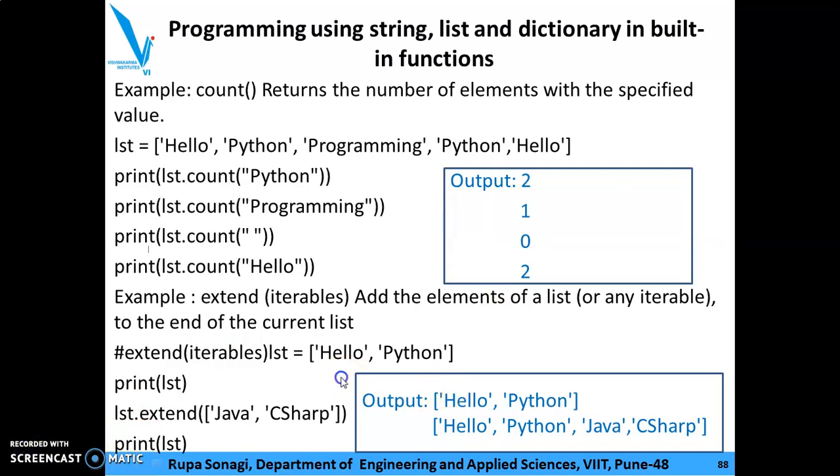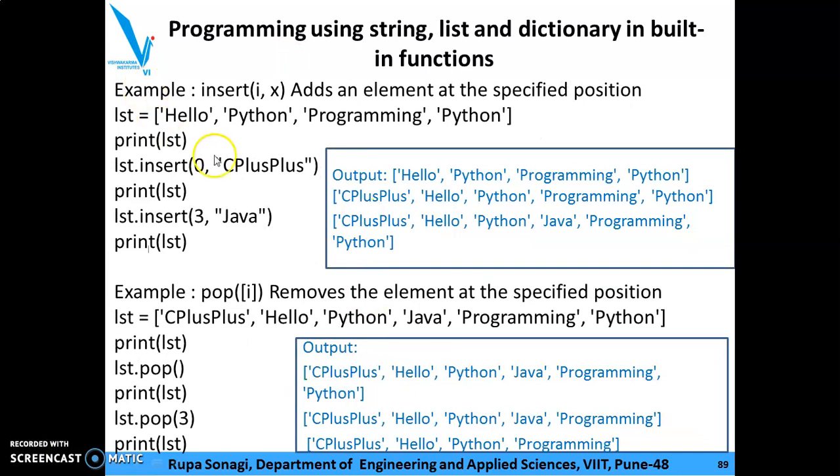Suppose we have a list and we want to use insert(i, x), which adds an element at a specified position. So suppose I want to add C++ at the 0th index. Simply lst.insert(0, "C++").